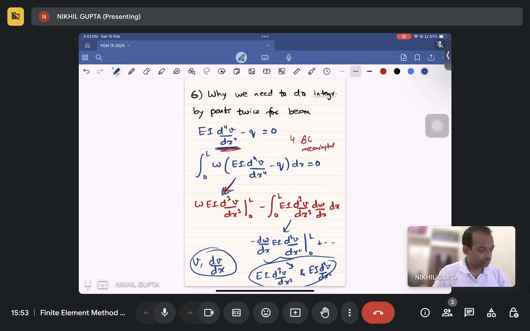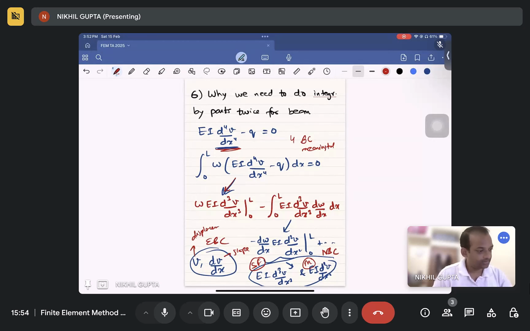So these two are essential boundary conditions, and these two are natural boundary conditions. This one shows you moment, this shows you shear force, this shows you slope, and this is displacement.